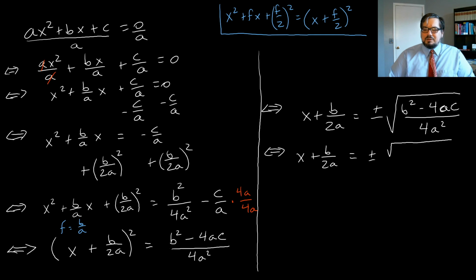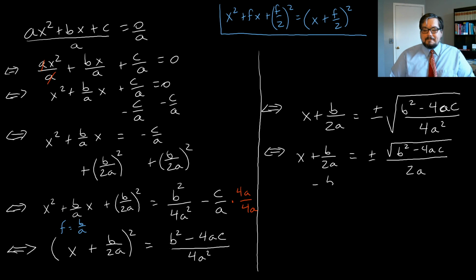Now I'm going to apply the square root to the top and bottom of the fraction on the right. So on the top, we just get the square root of b squared minus 4ac. Nothing we can do there, but we can take the square root of 4a squared. And the square root of 4a squared is exactly 2a.